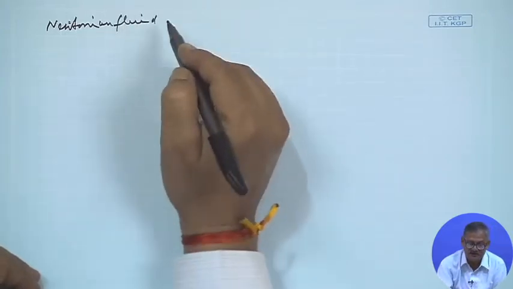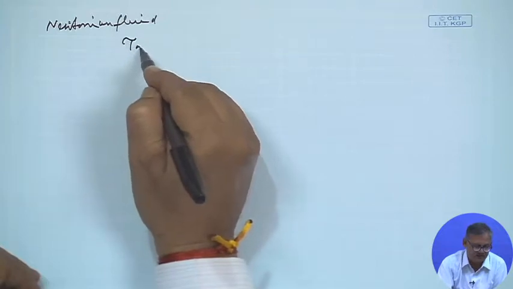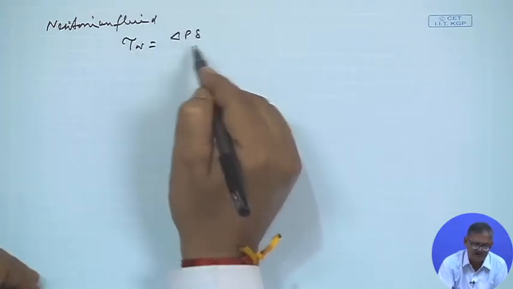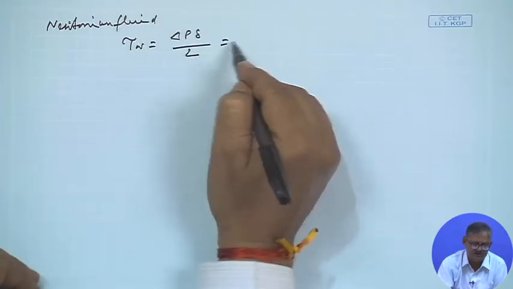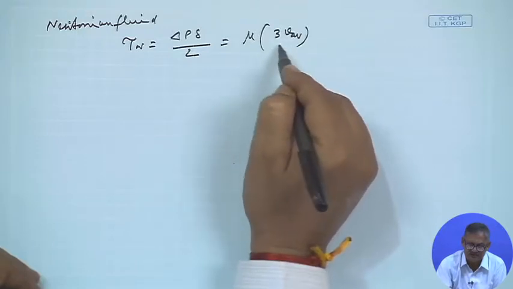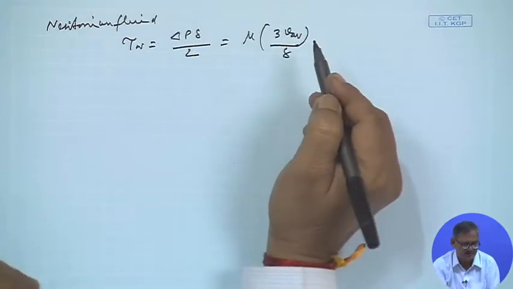Now, for Newtonian fluid, what we have seen earlier, tau W is equal to delta P del by L is equal to mu into 3 V average by del, right.